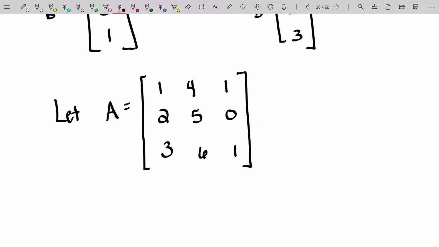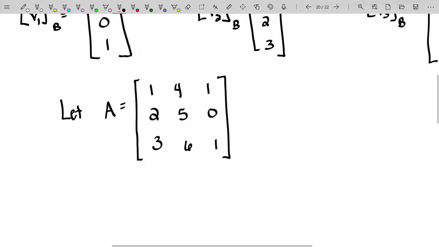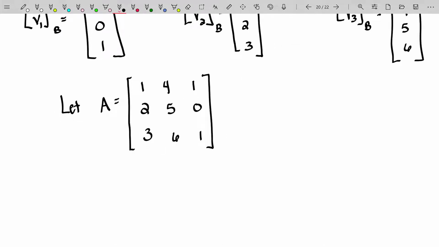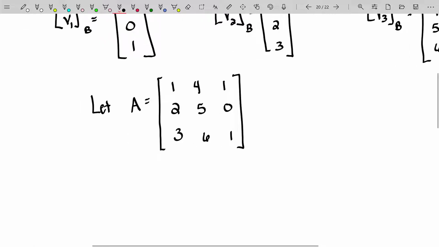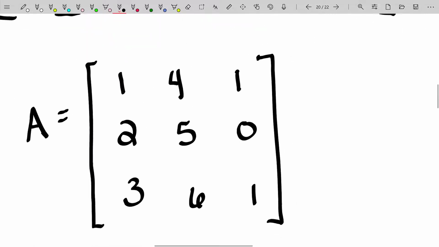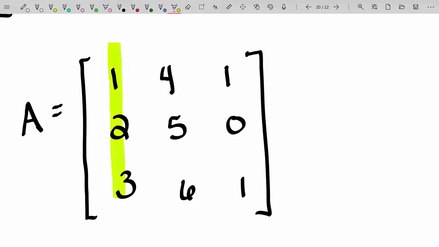However, if you weren't certain or you didn't have something to reach back to, there are a lot of ways now that we can showcase those vectors are linearly independent. One way is, if each of these columns are linearly independent, then this matrix would be invertible.